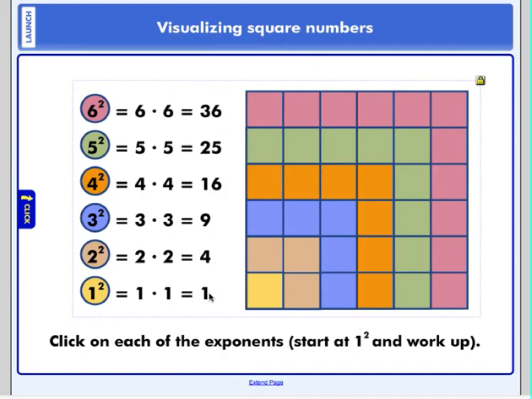If you look at our products here, these are the first square numbers that we have. 1, 4, 9, 16, 25, 36. What would be the next square number? Right, 7 times 7, 49.